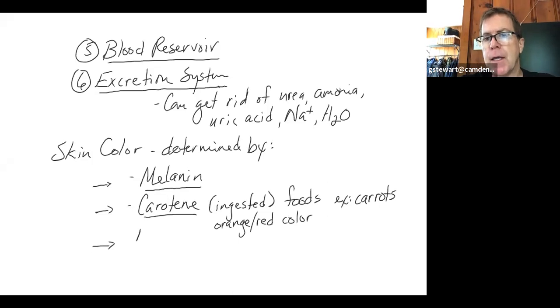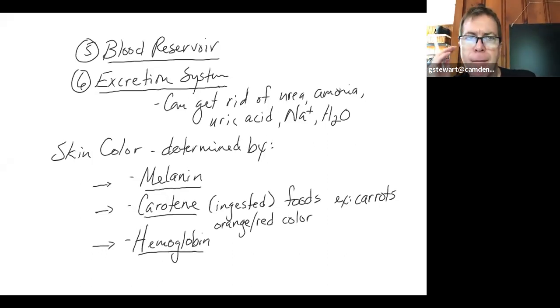And finally, hemoglobin is a factor in skin color. Hemoglobin is a protein found in our bloodstream, in red blood cells, and when it binds oxygen, it turns bright red. So this also influences skin color, especially in fair-skinned people.